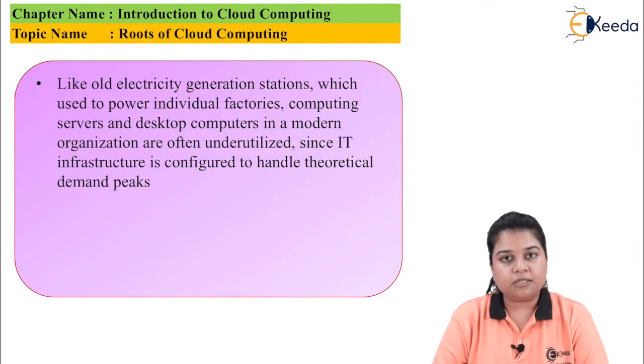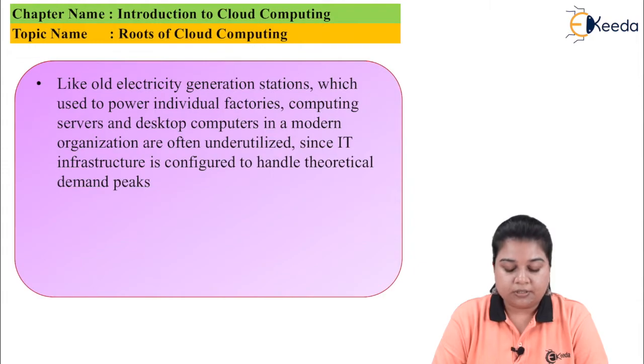Now, as we have discussed earlier, the electricity generation stations provide electricity as per the usage of the customer, and the customer pays as per the requirement. He need not generate his own electricity.